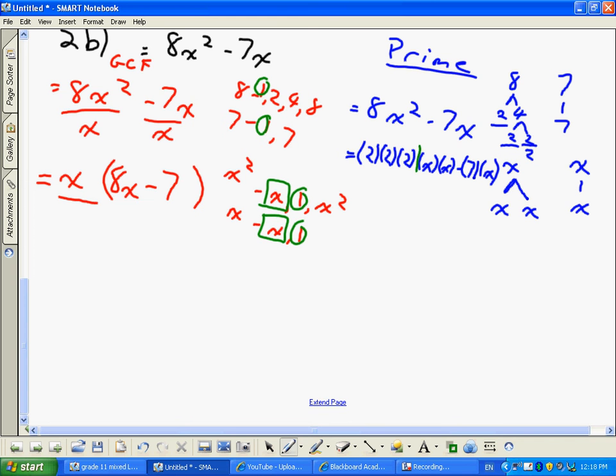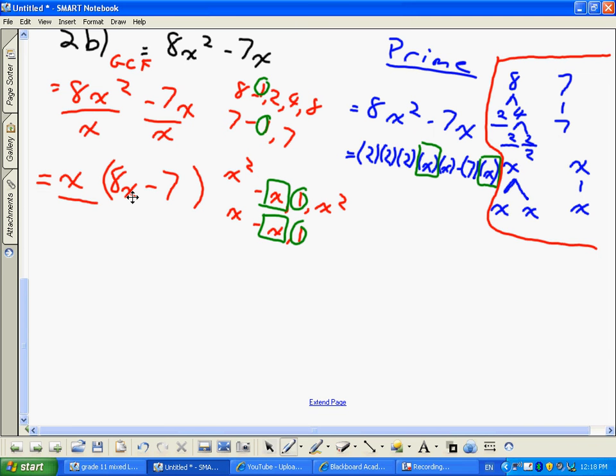I can take out one set of x's, right? Here's an x, and here's an x. Is there another x to take out? I really need to separate this. I realize this is getting a little crammed, okay? Think of that as some side work we did. Anything else I can take out of there? Is there a 2 in both? No, that's it. I can only take an x out.